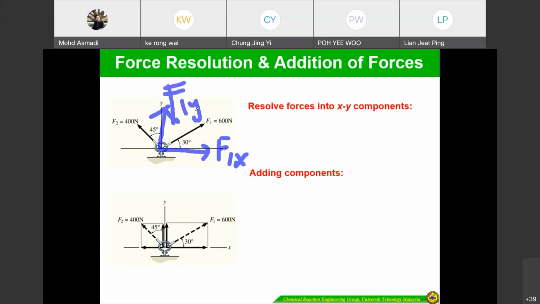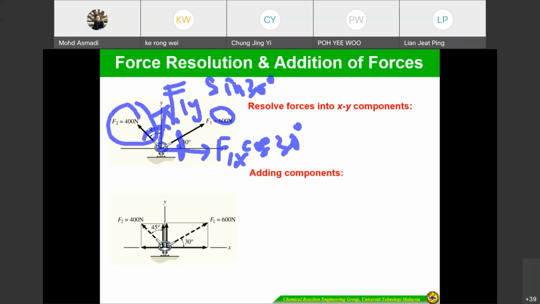If you look here, there is a multiplication, meaning that it should be F1x times cos 30 degrees. And Fy is with the 30 degree angle. For the 400, if you look here, the value of the angle is here, so you put it here. So it should be the opposite.